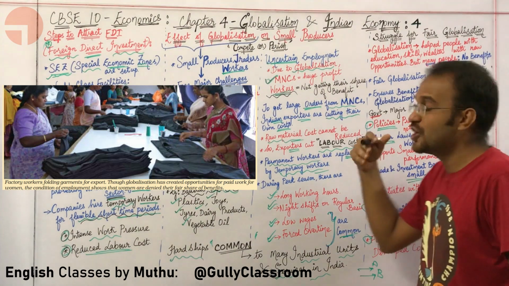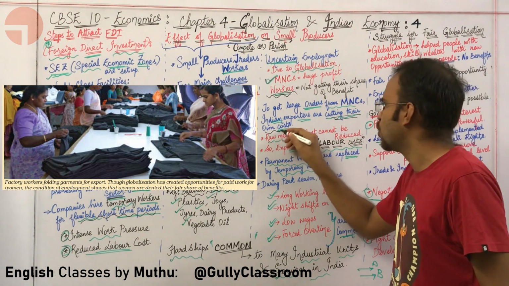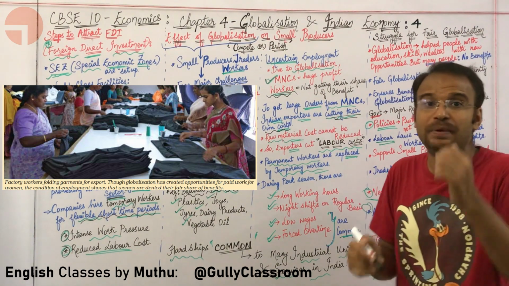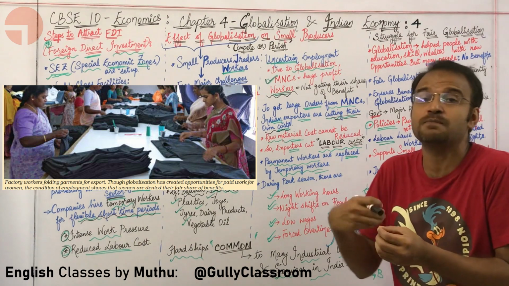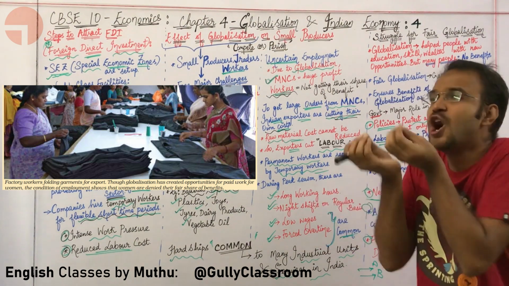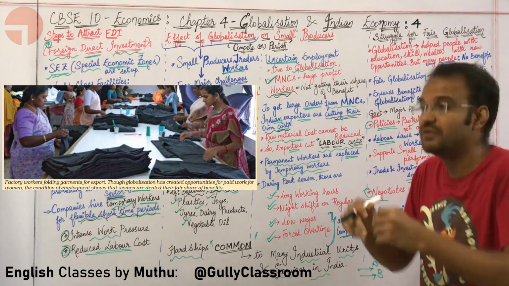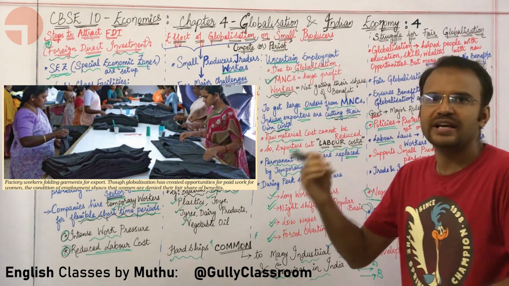To get very large orders from the MNCs, the Indian exporters are cutting their own costs because they are competing with each other, and the MNCs will simply give the huge contract to whoever is going to give them the optimum quotation, whichever local company is going to give lesser price for their products.